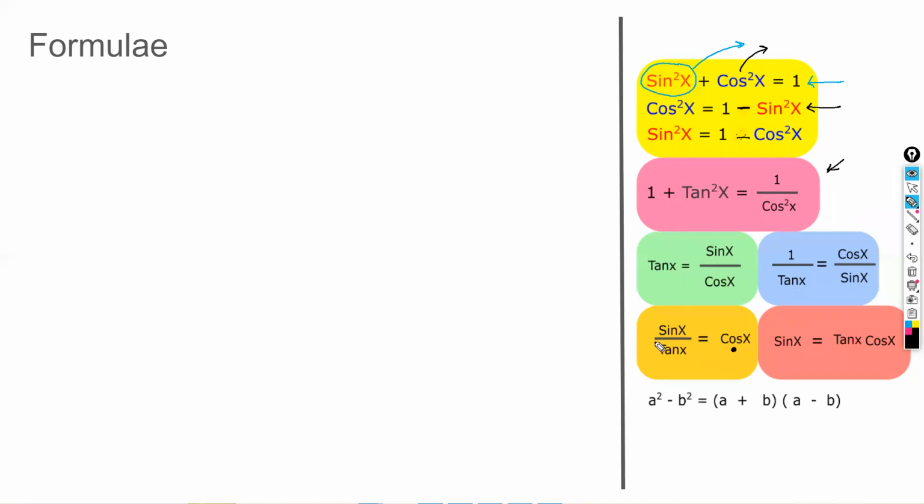And if you cross multiply again to make sine the subject, sine x is the same thing as tan x multiplied by cos x. So these 3 formulas with the dots are just different, transposed versions of each other.